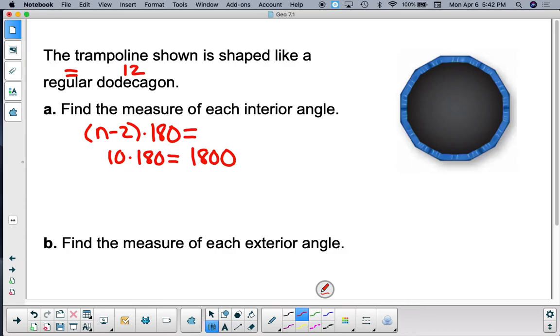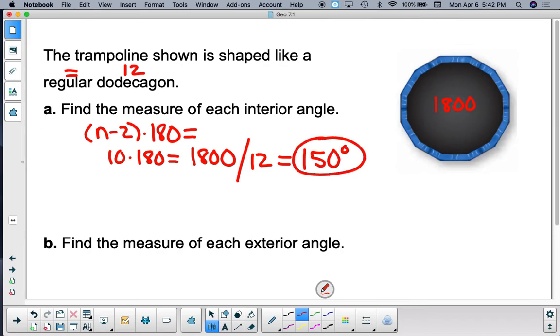So the sum of the interior angles is 1800. Okay, since it's regular, then all of those angles are equal. So to find one of them, I would divide this by 12. This only works if they're regular, which it said it was. So if I take 1800 divided by 12, I get 150 degrees.